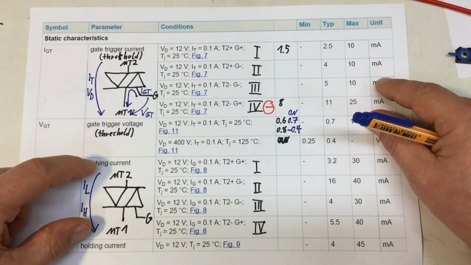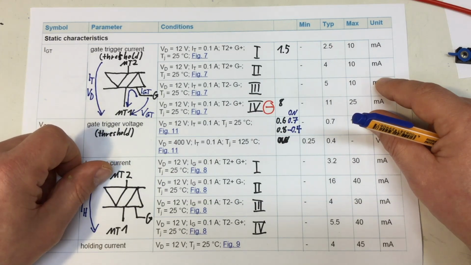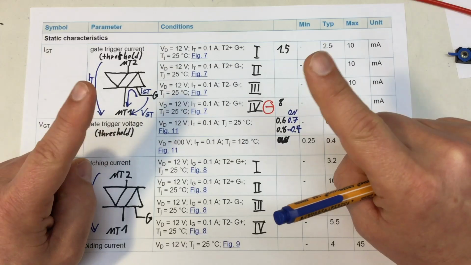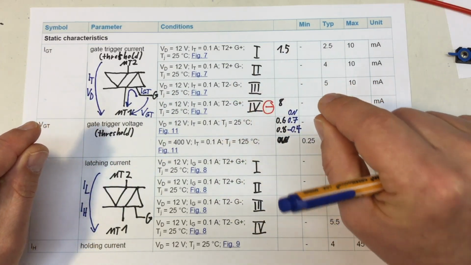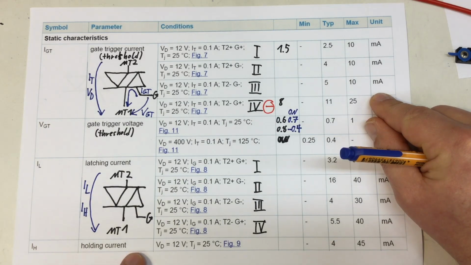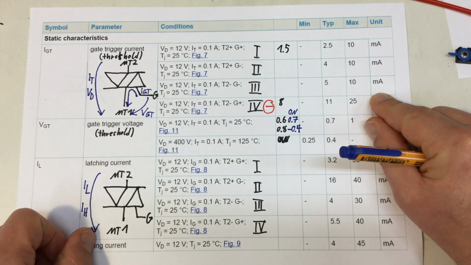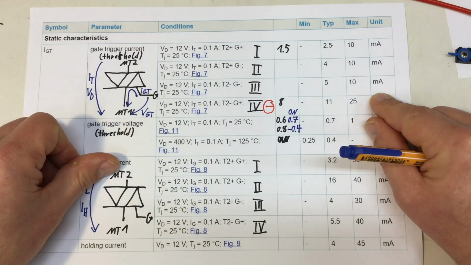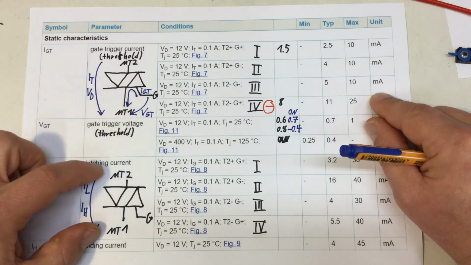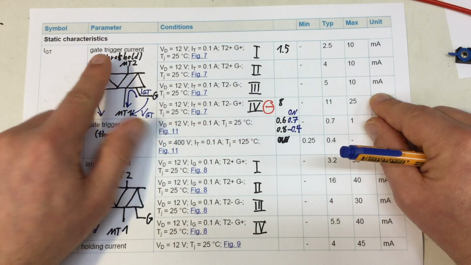So you need a minimum current into your main terminal 2 to get the whole thing latching into its on state. While the holding current is the current you need to maintain into main terminal 2 to keep that thing in its on state when the trigger current is no longer applied.